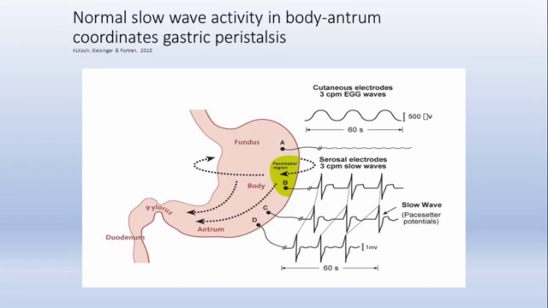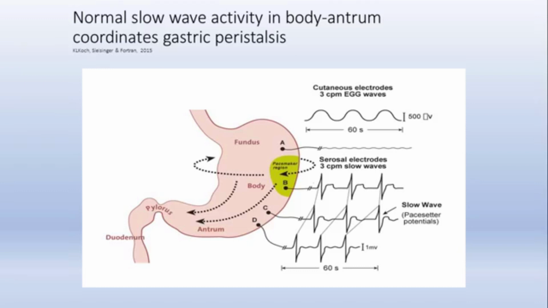It's outlined there between the fundus and the body. And from that area are generated slow waves, also called pacesetter potentials. So those mixing and emptying contractions of the stomach are paced, and they move from the corpus down towards the pylorus at 3 cycles per minute.